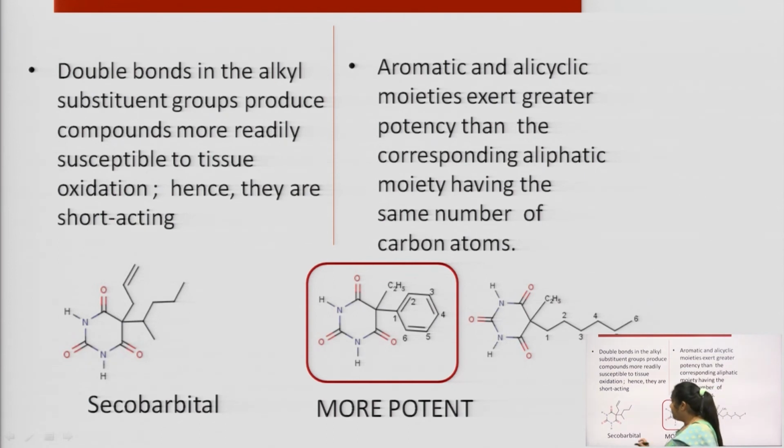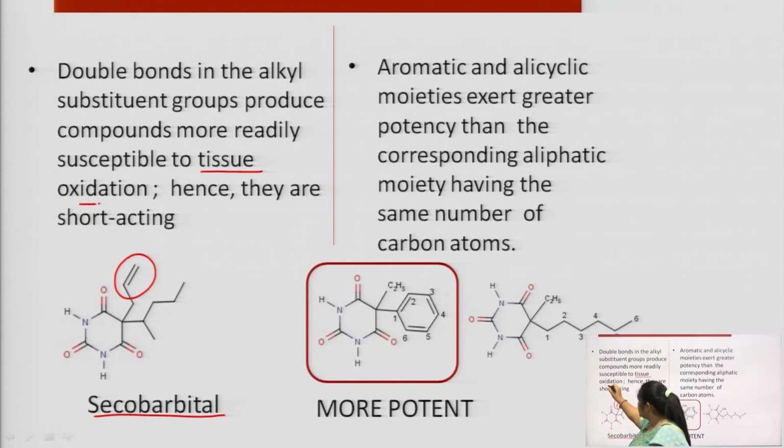Like in the example of secobarbital, there is a double bond in the substitution at position number 5 that makes it more susceptible to tissue oxidation. That is why secobarbital is a short acting drug.